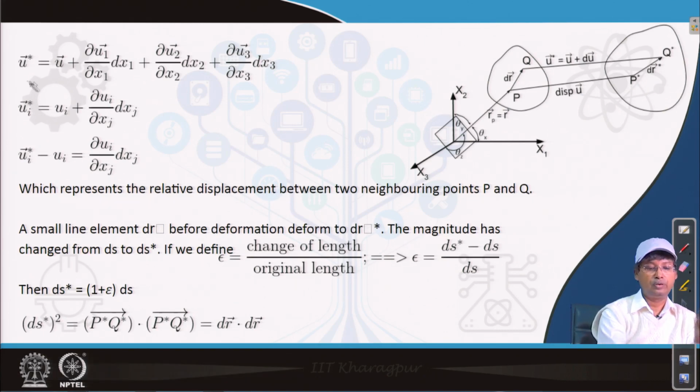Okay. So, u star, as we have seen, is getting an increment with respect to the coordinate system, or that is the way, this is the gradient in that particular direction of x 1, and that is why the dx change is given as del u 1 by del x 1, del u 2 by del x 2 by dx 2 in the x direction, y direction and z direction.